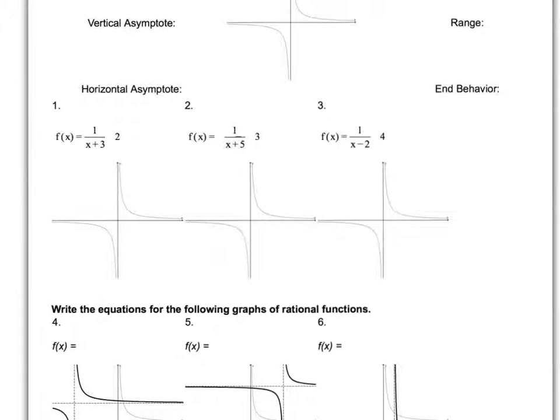And we're just gonna label that as negative 5, negative 3. And then our graph is going to go into these quadrants, number 1 and 3.